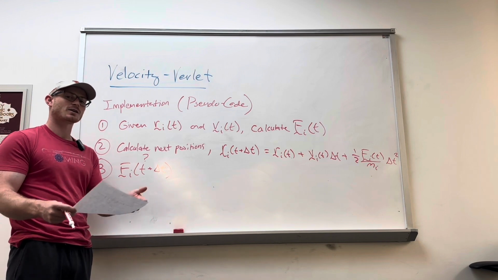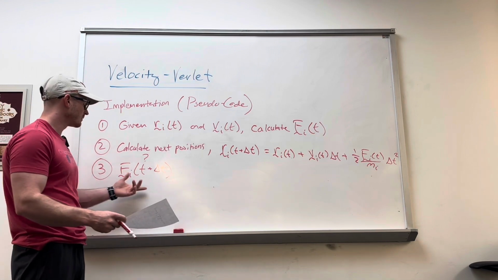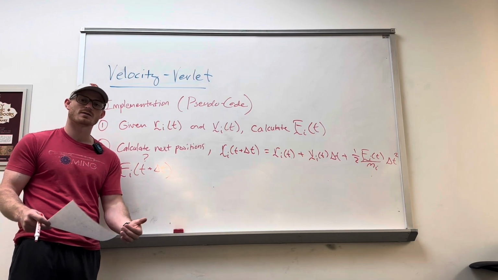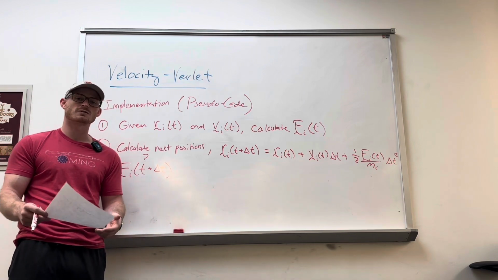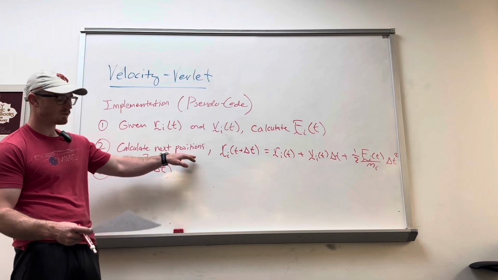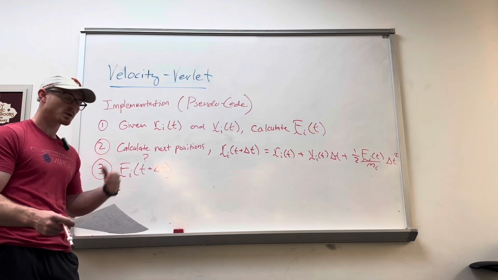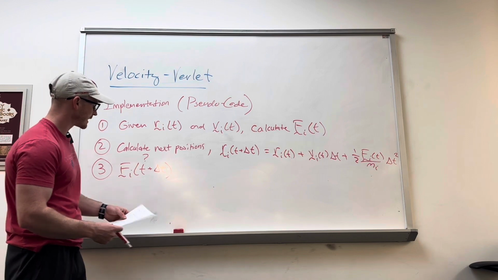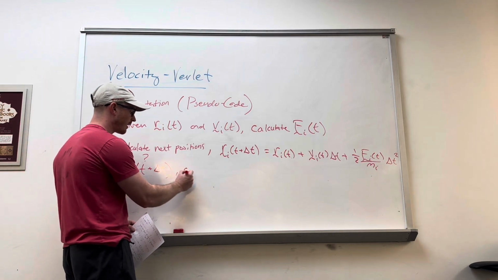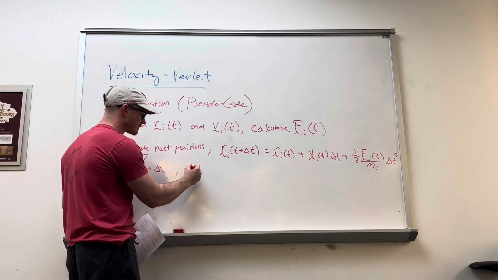Well, technically, calculating the force in these cases does not depend on the velocity. The force is going to come from some potential energy field, which we can calculate only based on the positions. So in a Velocity-Verlet algorithm, what we're going to do is we're going to calculate the new force.